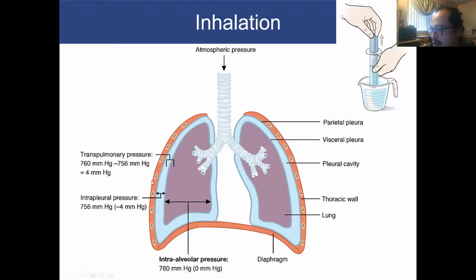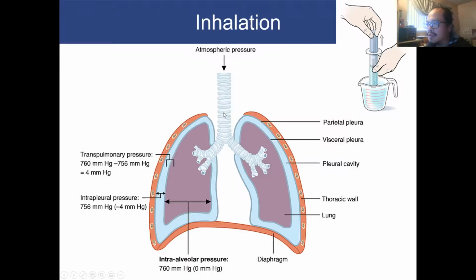Basically, when our thoracic cavity expands, it opens up more space in the pleural space, which makes this area become negative, and then it will pull the lung to expand. So that's that, the air coming in.